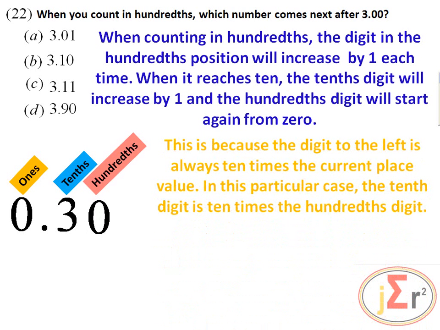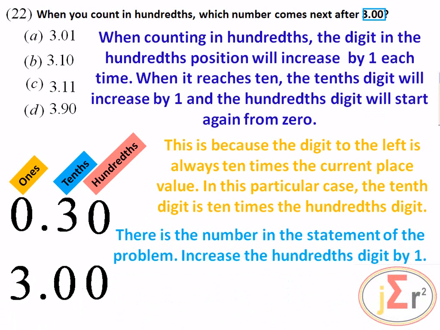This is because the digit to the left is always 10 times the current place value. In this particular case, the tenths digit is 10 times the hundredths digit. There is the number in the statement of the problem.